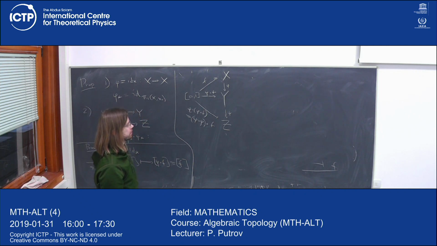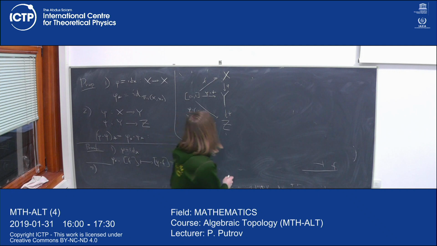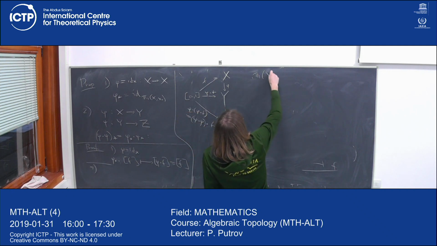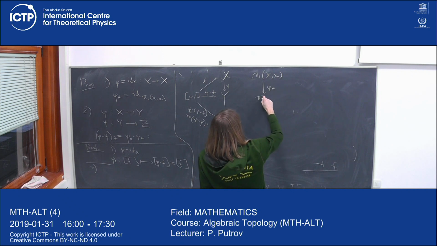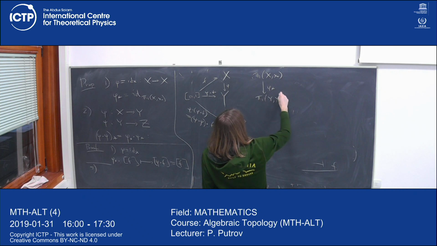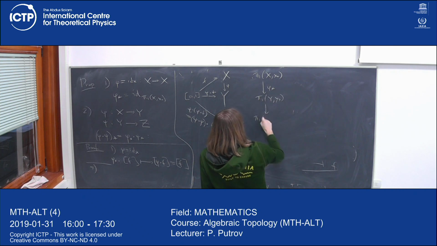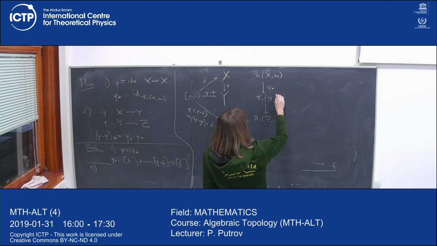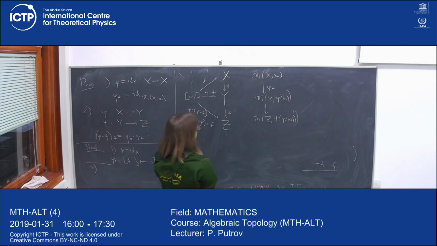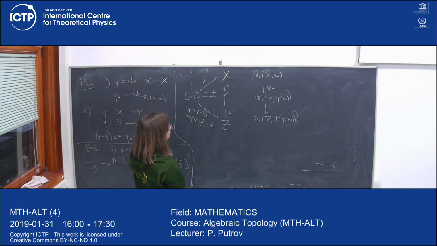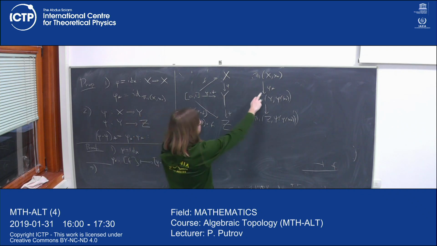So this operation on the path induces the map on pi1, which is phi star.